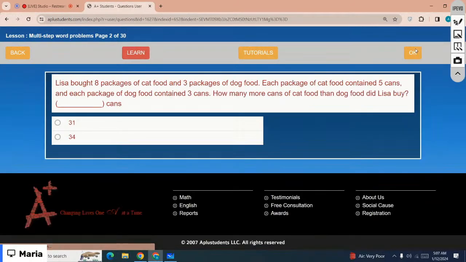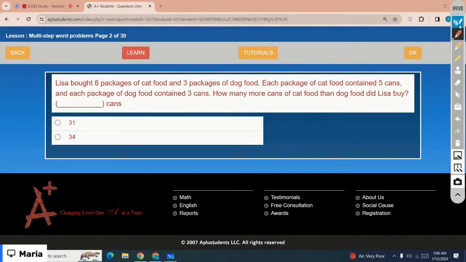The next one is: Lisa bought 8 packages of cat food and 3 packages of dog food. Each package of cat food contained 5 cans and each package of dog food contained 3 cans. How many more cans of cat food than dog food did Lisa buy? You have to do exactly the same way like we did in the question right before this one. 8 packages of cat food, each package contains 5 cans, so 8 times 5 equals 40.